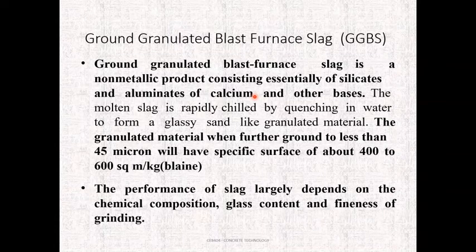The next one is GGBS, which is known as ground granulated blast furnace slag. It is a non-metallic product consisting essentially of silica and alumina with calcium and other bases.